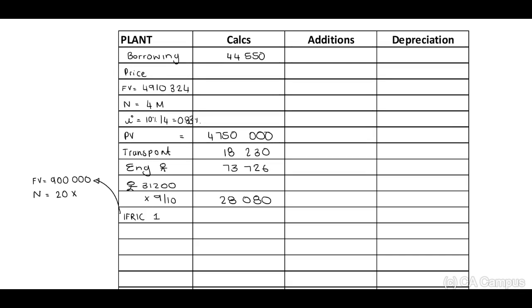Therefore, times 12, and this will be 240 months. Our rate is monthly. Remember, they've indicated to us that this 10% is compounded monthly. Therefore, our present value will be an amount of 122,815. You with me? Okay, so this is our IFRS 1. Remember, we need to capitalize this to our asset.